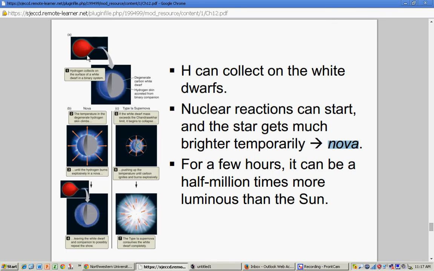Well, we have a binary system, let's say a compact object like a white dwarf being surrounded by a star that is a main sequence star. Eventually this main sequence star expands, and then material falls on the white dwarf. What's happening?